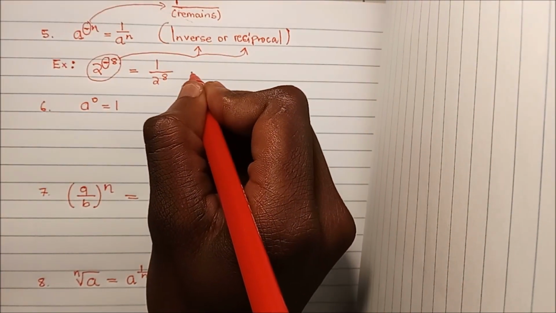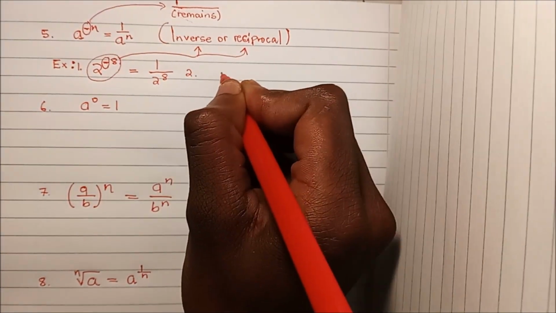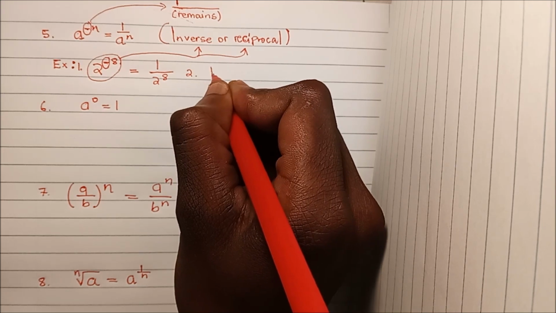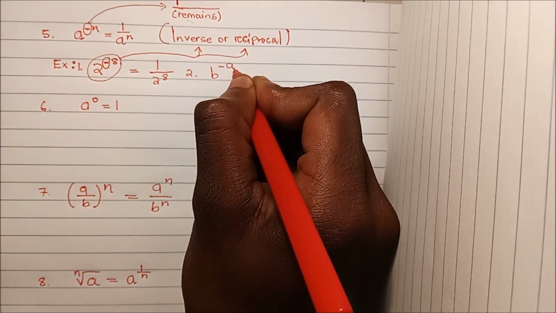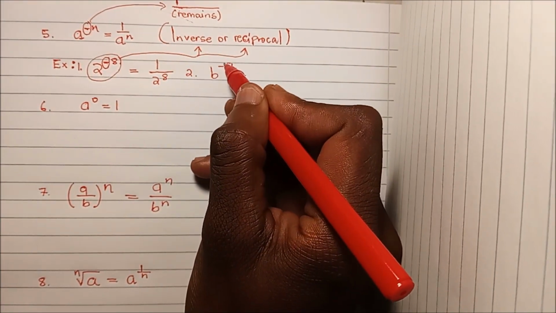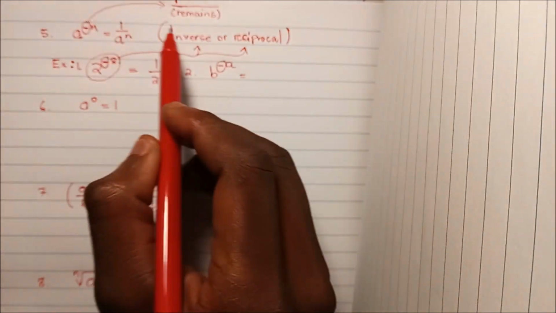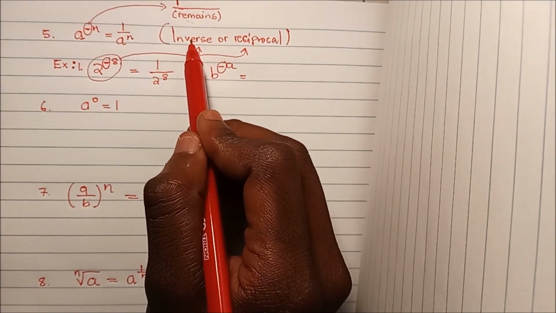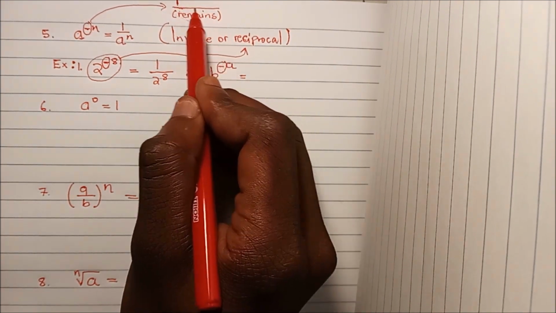Let's take a second example. This is number 1, and let's take number 2. Let's say you have b to the exponent of negative a. You look at the negative. If the exponent is negative, you have to remember the inverse or reciprocal, which says it's 1 over what remains.